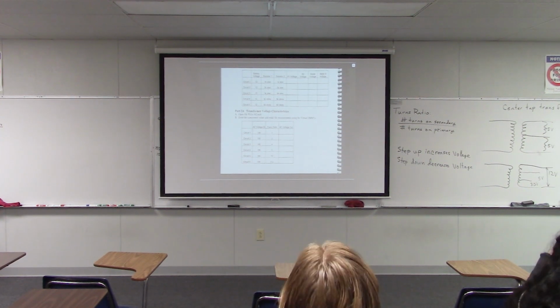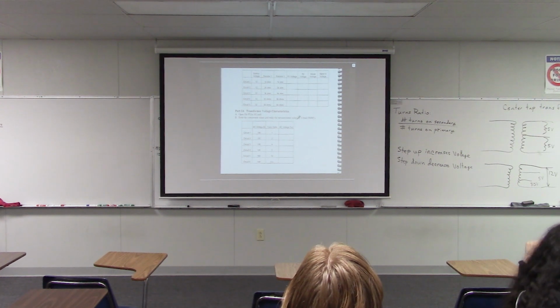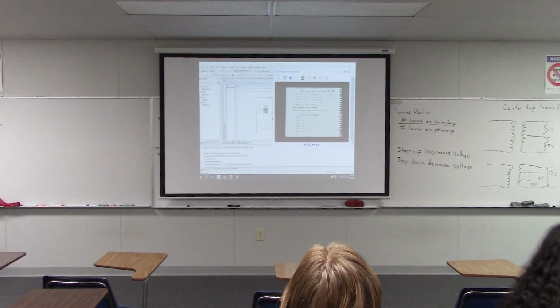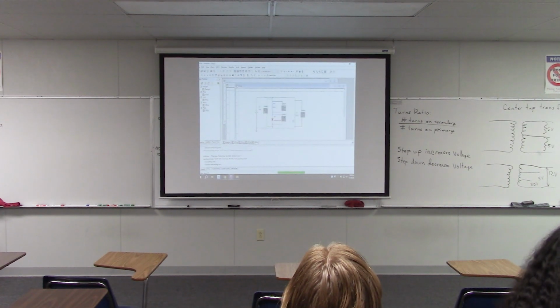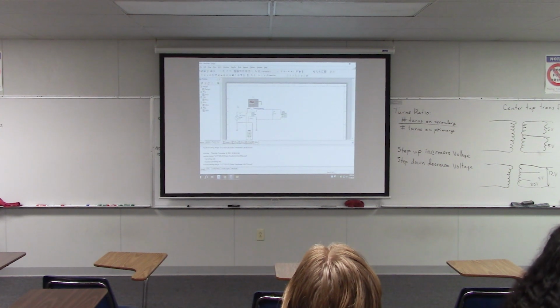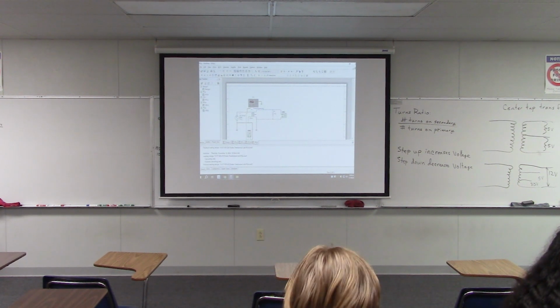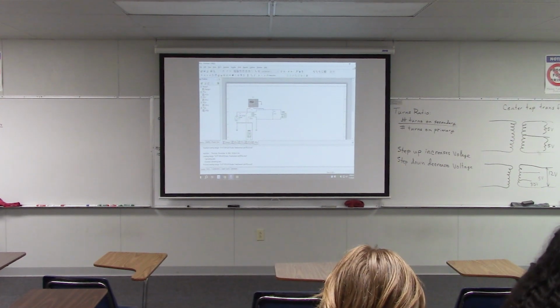So we're going to open up another file that has a transformer in it. Okay, so this is a file, and it's got this transformer in the middle, and you've got the voltage coming in here from this voltage supply.